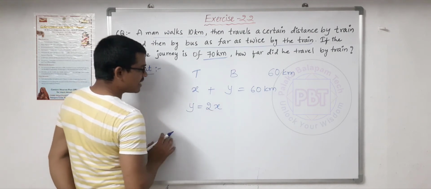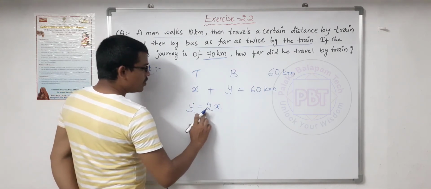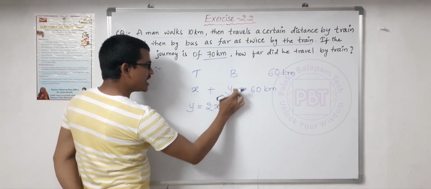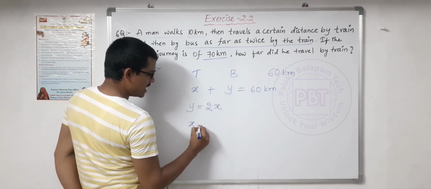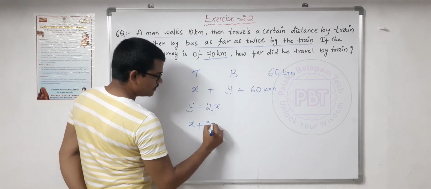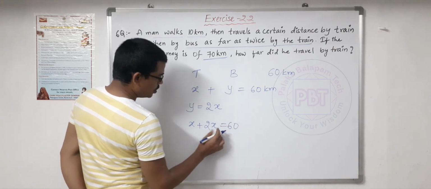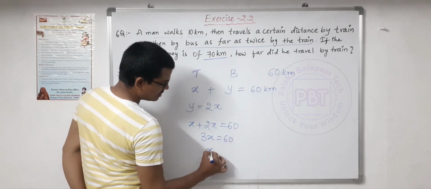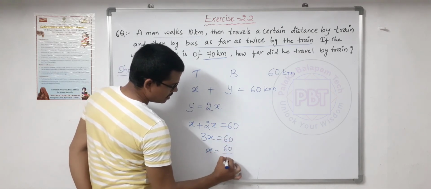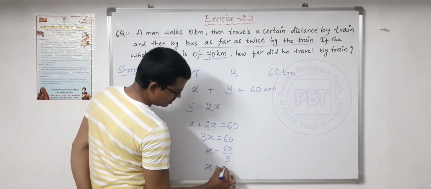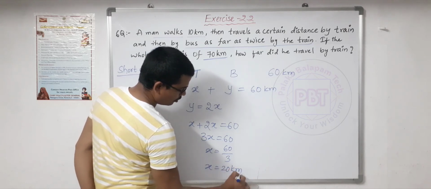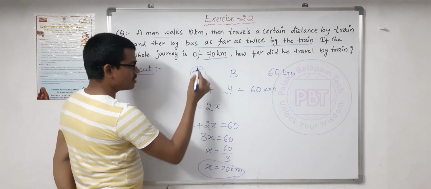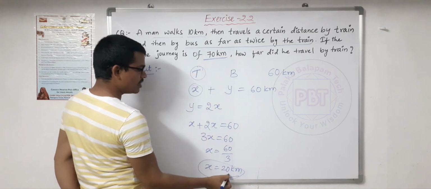So from this we can write y equal to 2x. In place of y I am going to substitute 2x here. So x plus 2x equal to 60. 2x plus x is 3x equal to 60. X equal to 60 by 3, so x is 20 kilometers. Therefore x is the distance traveled by train, which is 20 kilometers.